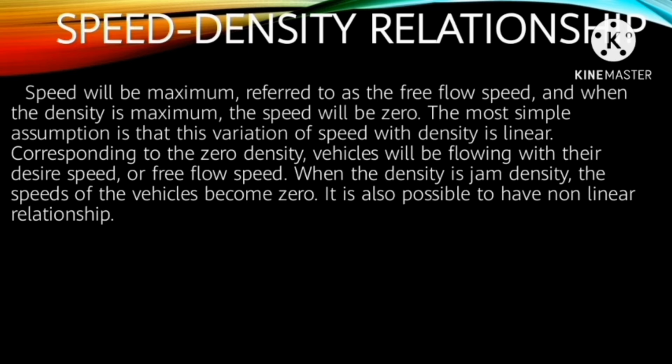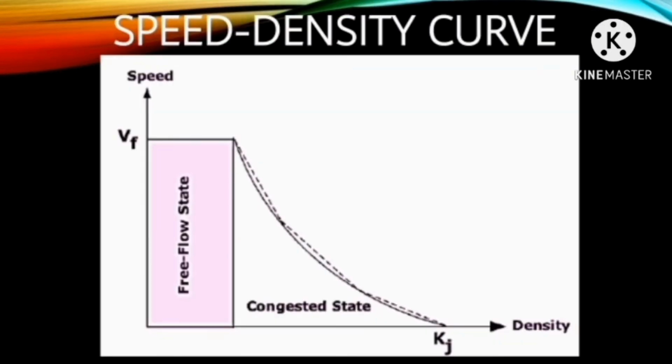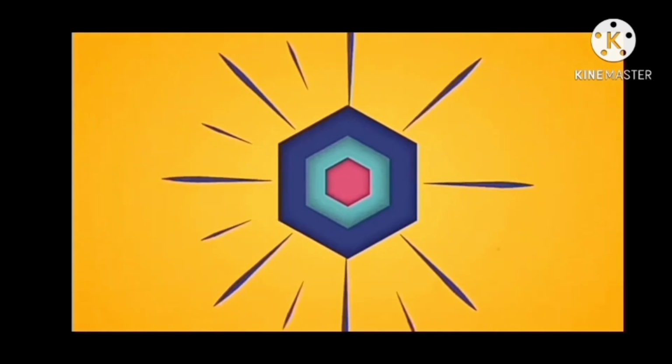It is also possible to have non-linear relationship. Para makuha ang speed density relationship, ang equation ay speed is equal to the free speed minus the free speed over jam density multiplied by the density.